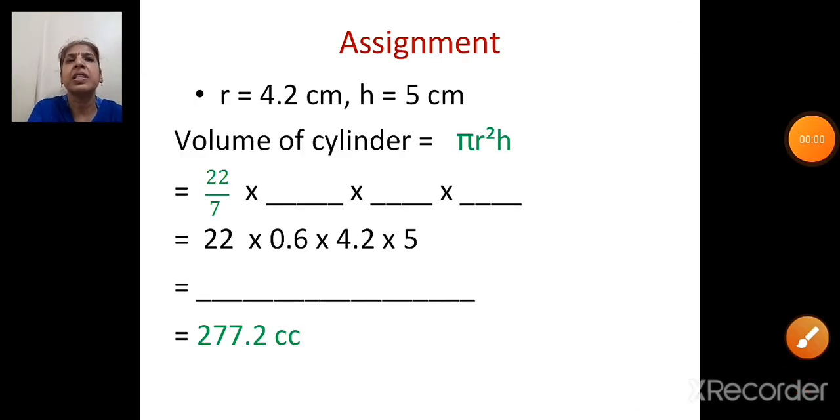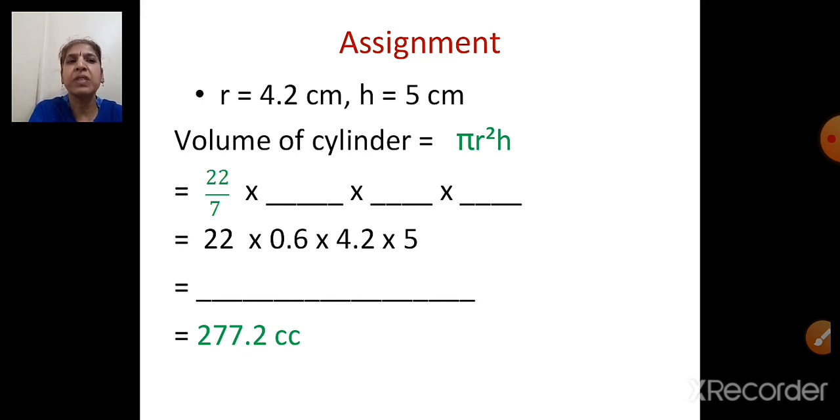Now children, this is the assignment question. Here also radius is given, which is 4.2 centimeter, height 5 centimeter, and we have to find the volume. So it is the continuation of that 16.3, the sum which we did. It is the next question of that, which is given in the form of an activity.